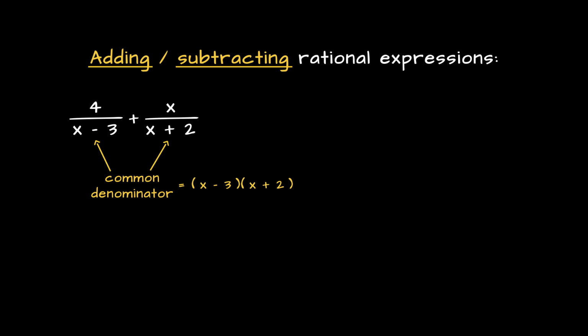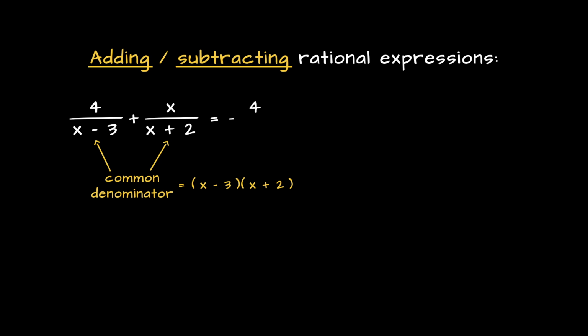And notice that you can always find a common denominator by simply multiplying the two denominators of each term together. So for us, a common denominator would simply be x minus 3 times x plus 2. Once we realize that, we can proceed in the following way.